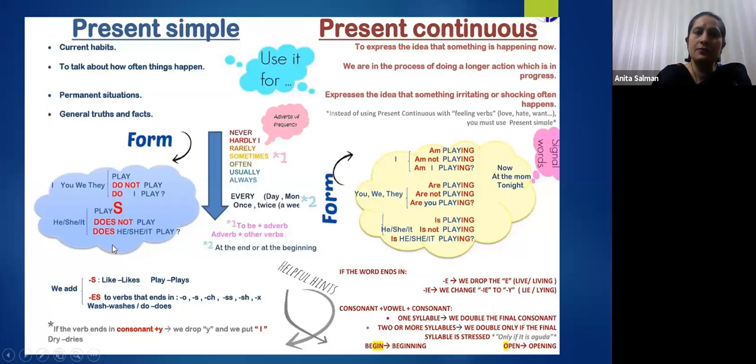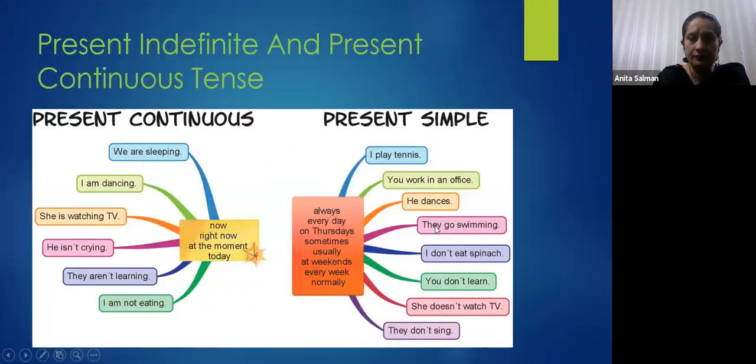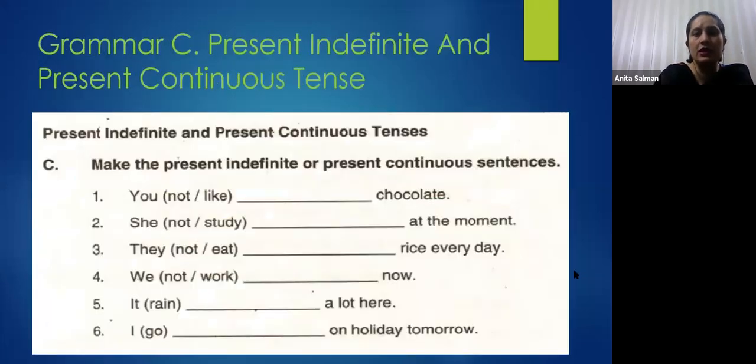Whereas in simple present tense, the most important thing is that we have to add s or es with the first form of the verb, and in negative and interrogative we have to use does not or does. Whereas this is very easy, very simple. In he, she, it, you have to use only is, right?